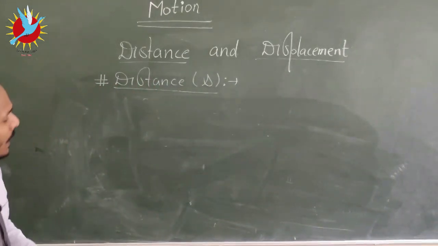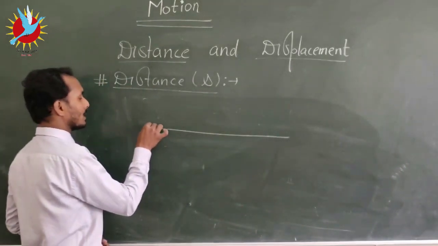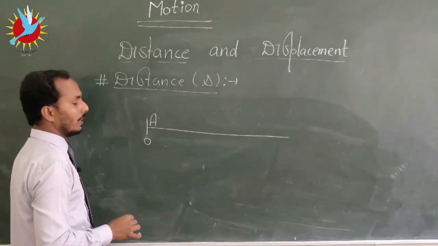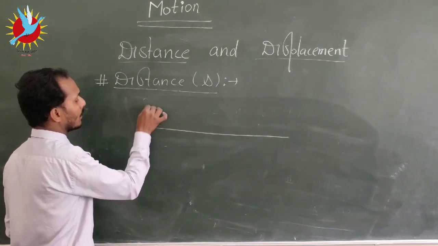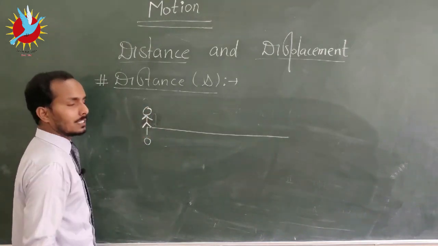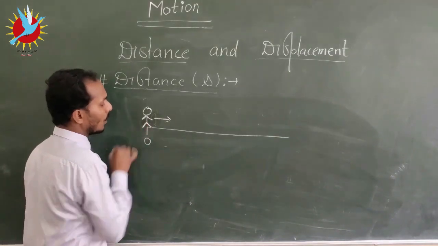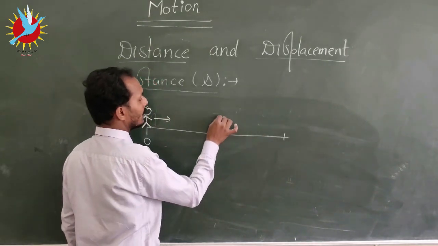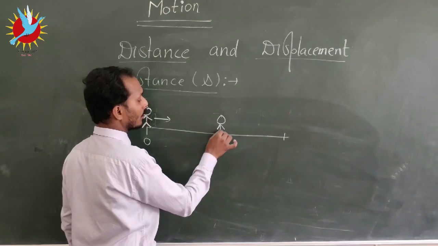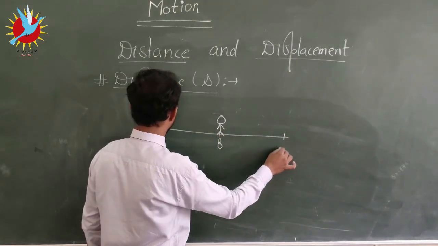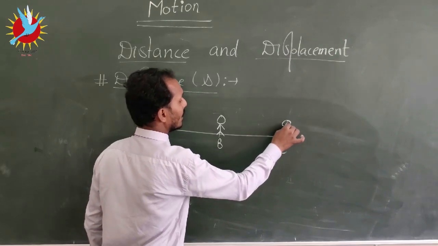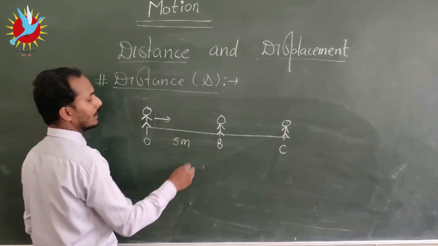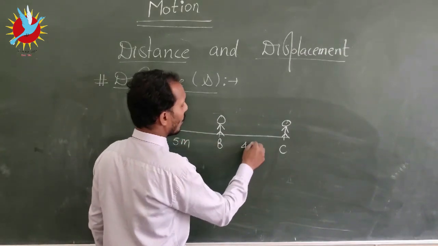Suppose a person starts the journey from the origin O and reaches point B, then reaches point C. Its distance from O to B is 5 meter, and B to C is 4 meter.